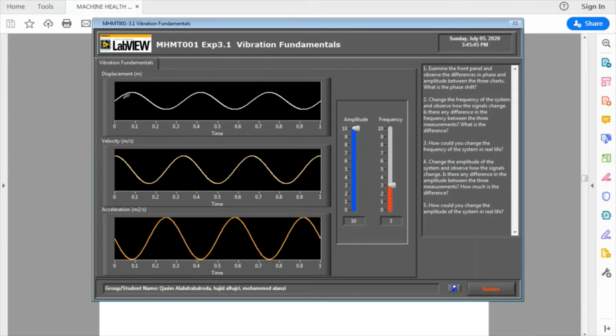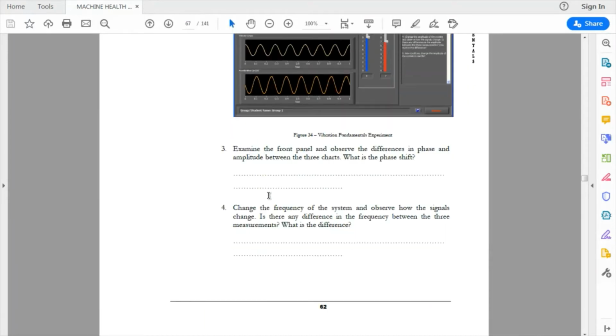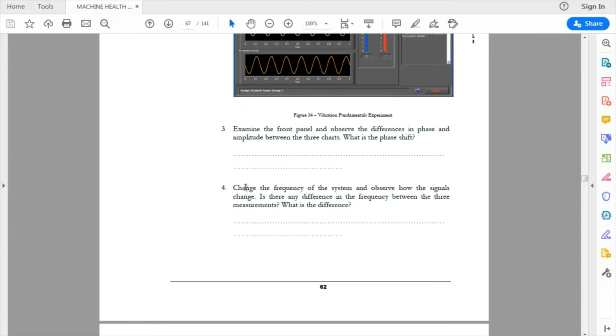In terms of the phase shift, we can see that this is going from 0 for a sine, this is going from 90 for a cosine, and this is starting from a negative wave, which is a 180 phase shift from displacement.